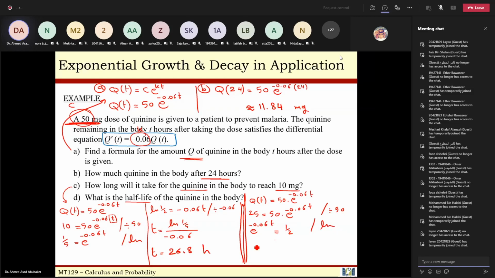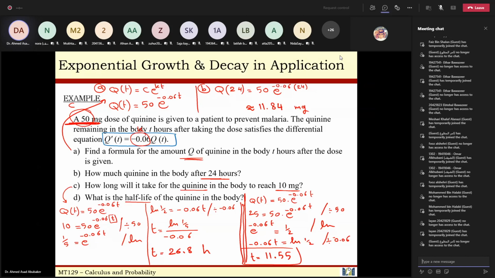Take the ln for both sides. So we have minus 0.06 T equals ln half. Divide by negative 0.06, so we have T equals 11.55. So after around 11 and a half hours, we reach the half-life of the quantity of quinine in the body.